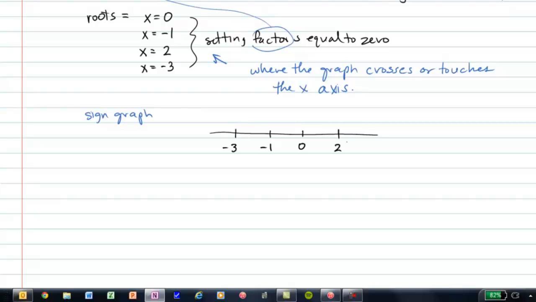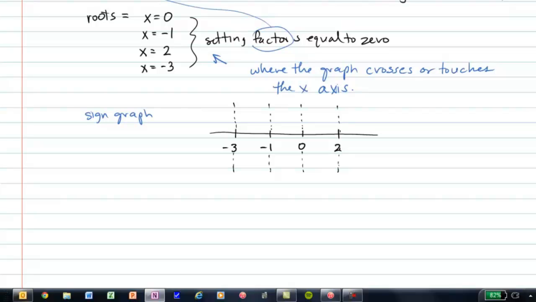So for each of those points, I'm going to put a little dashed line. Because I want to know, what is my graph doing in between each of those points where it's actually touching the x-axis?